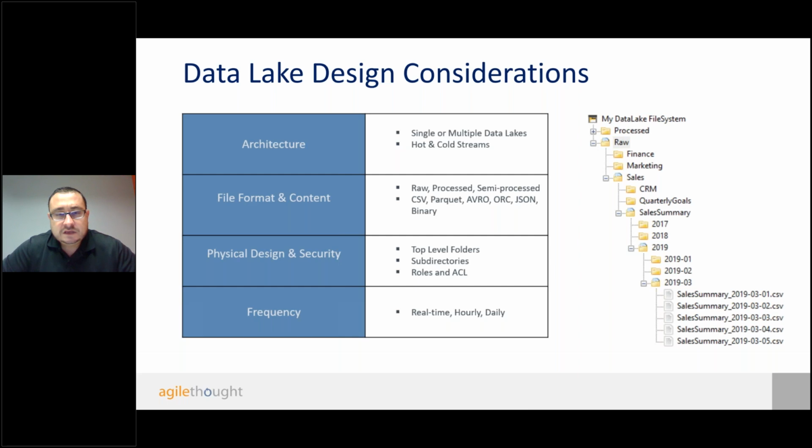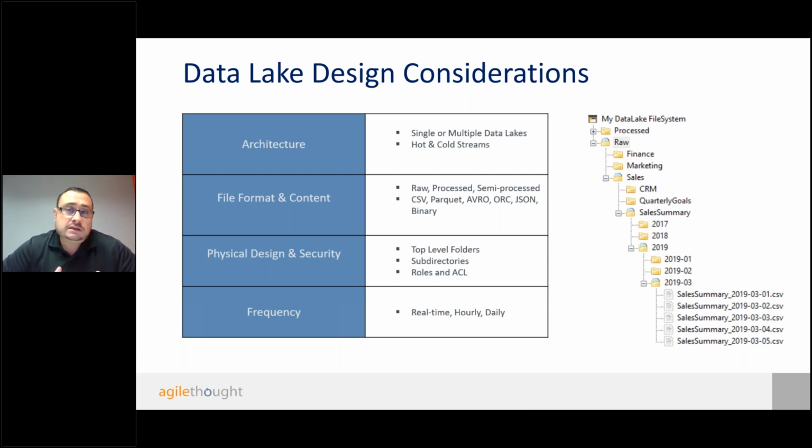In terms of the physical design, one of the considerations here is how are you going to organize your data. Now with Data Lake Store Generation 2, we will find out in a little bit, you can actually define a file system with a hierarchy defined. So folders, subfolders, and files.